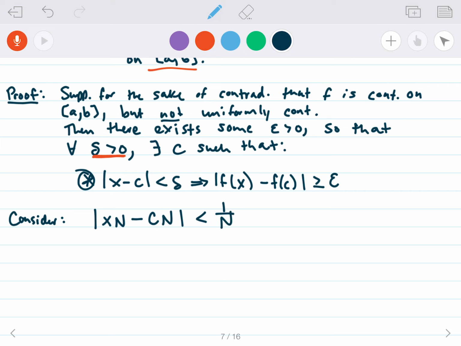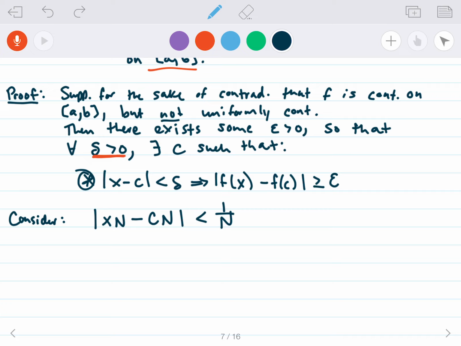Okay, so for all delta, this is true. So certainly delta equals 1, delta equals 1 over 2, delta equals 1 over 3, and so forth. This should be true.